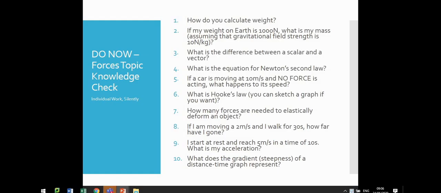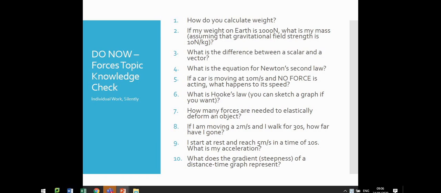Okay, quickly talking through the Do Now Forces knowledge check from last week. How do you calculate weight? Weight is mass times gravitational field strength. 2. If my weight is 1,000 newtons, what is my mass? This is a rearrangement of the equation we just said. So weight divided by gravitational field strength is mass.